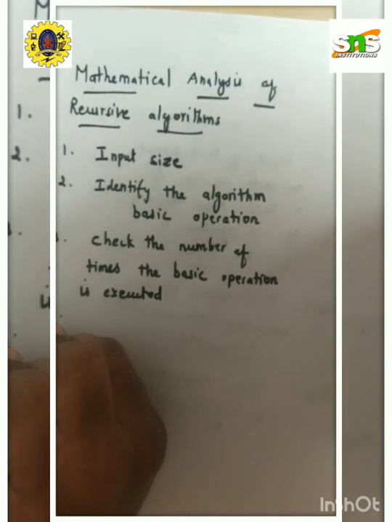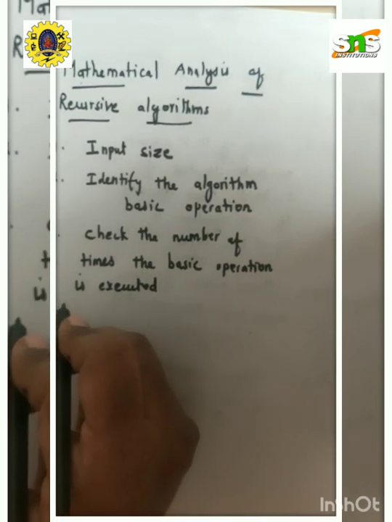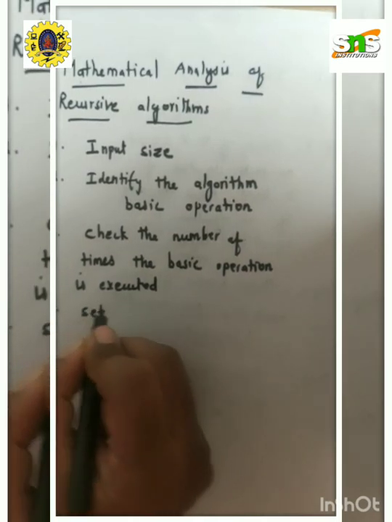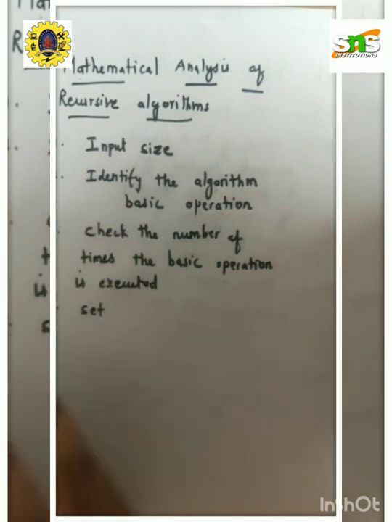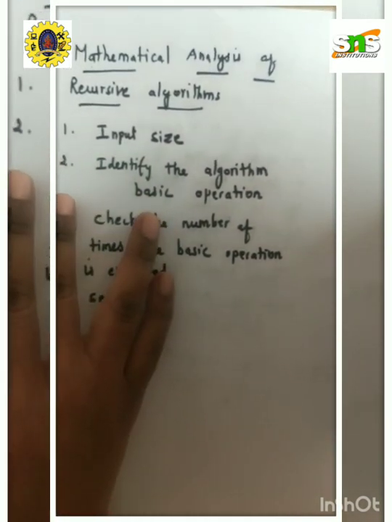Okay, then the fourth step is to set up the recurrence relation. The first three steps are the same for recursive and non-recursive algorithms. The fourth and fifth steps will differ.